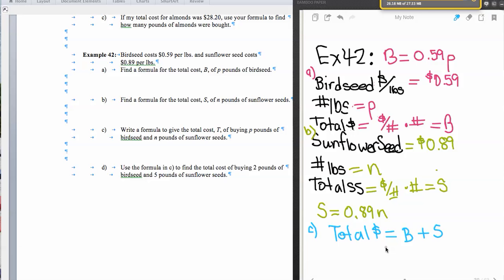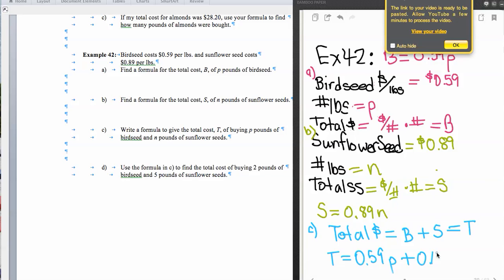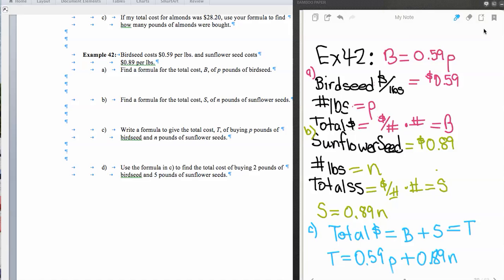I'm going to name this T. And then again, we have just a substitution problem. So T is equal to B, which is 0.59 P, plus S, which is 0.89 N. And so the total cost is 0.89 N plus 0.59 P. That gives us an equation with two variables in it, but we're not going to let it bother us.